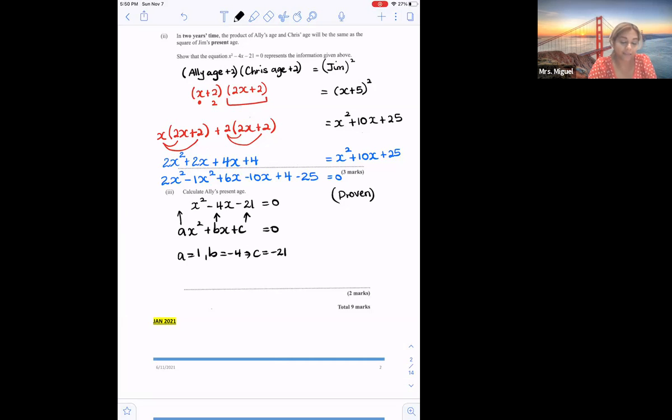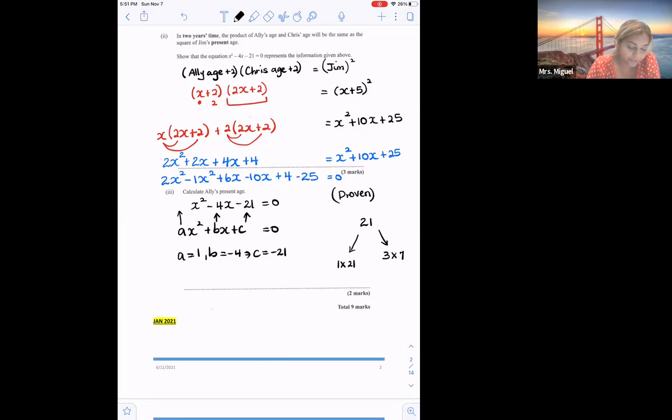Ignoring the sign, what are the factors of 21? What numbers multiply together will give me 21? One by 21, what else? What are the factors of 21? 1 by 21 and, thank you, 3 by 7.